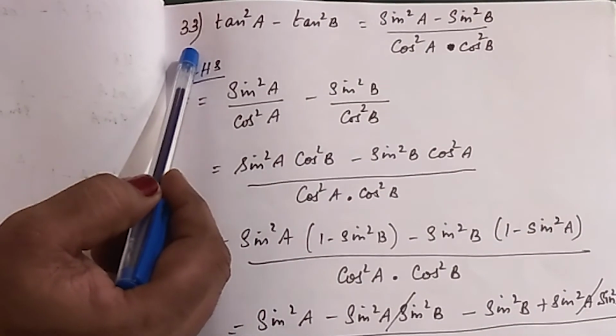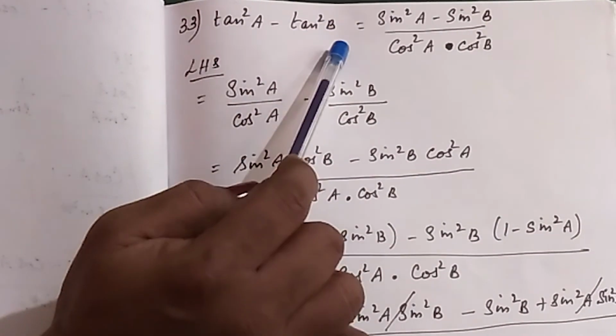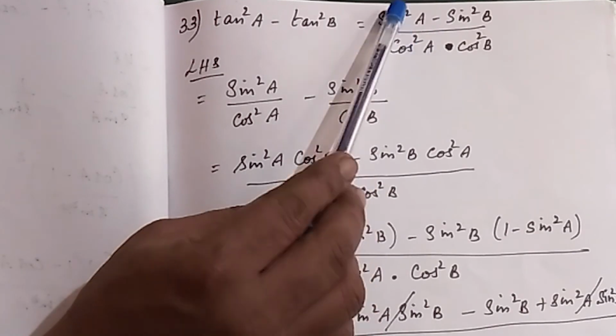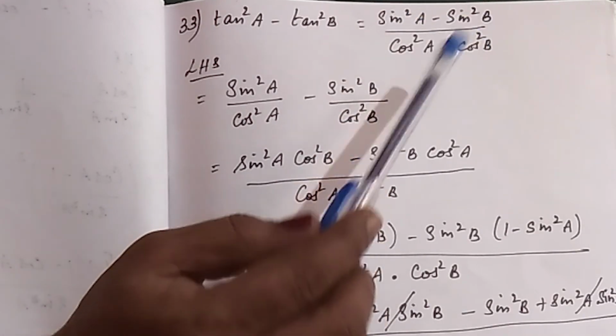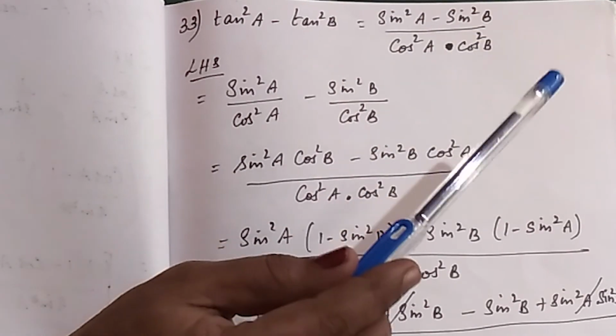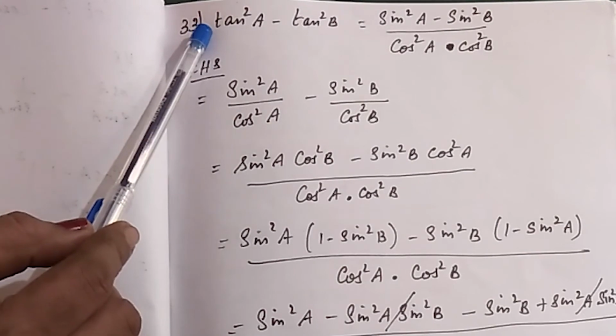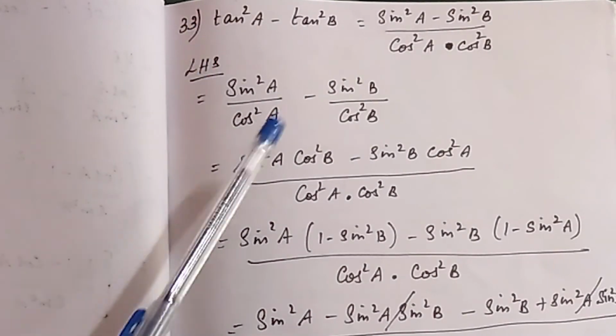Question number 33. Tan squared A minus tan squared B is equal to (sin squared A minus sin squared B) upon (cos squared A into cos squared B). Take the left hand side. Tan theta is equal to sin theta upon cos theta.